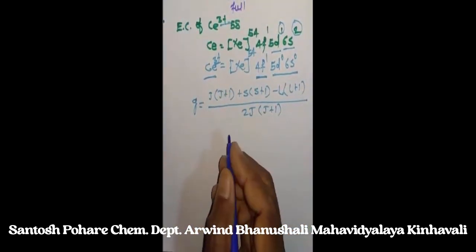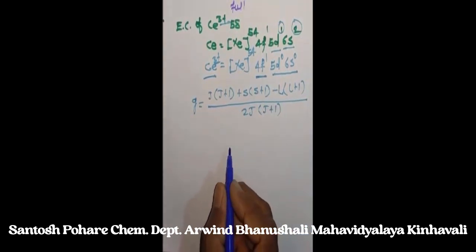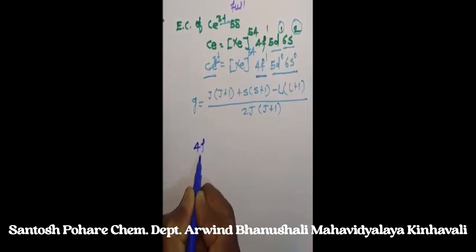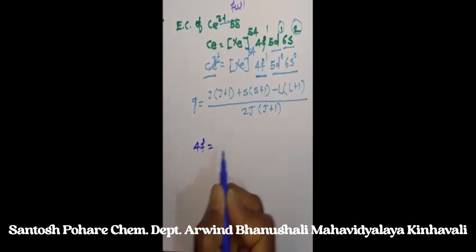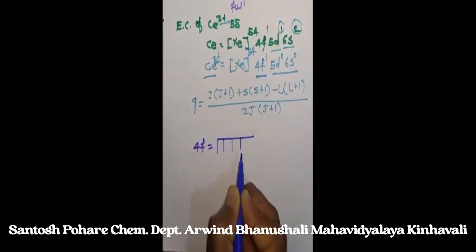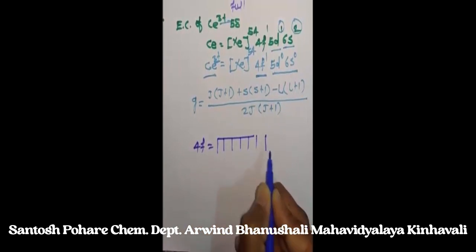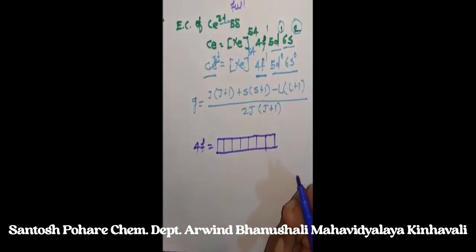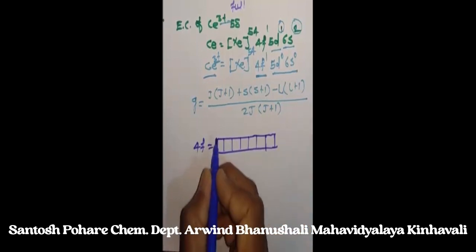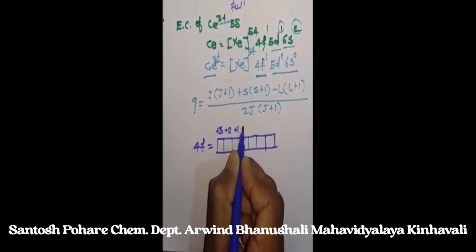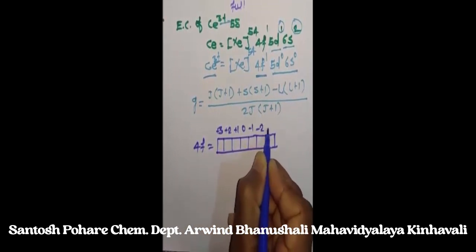So dear students, let's see this f subshell. I will try to draw this f subshell, that is 4f. We know that the 4f subshell has how many orbitals? 7 orbitals: 1, 2, 3, 4, 5, 6 and 7. So these are the 7 orbitals for the f subshell. So these are +3, +2, +1, 0, -1, -2 and -3.